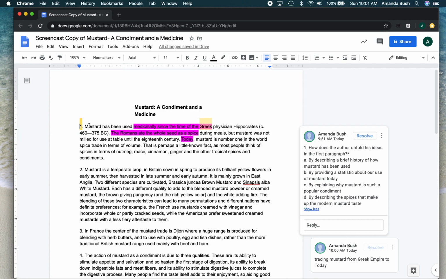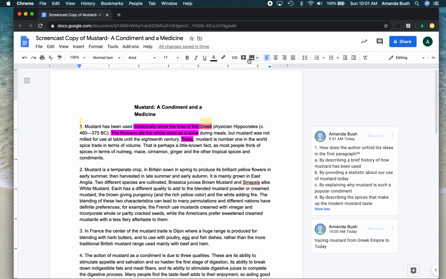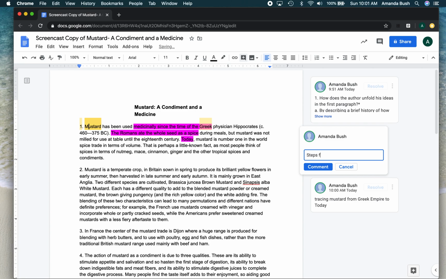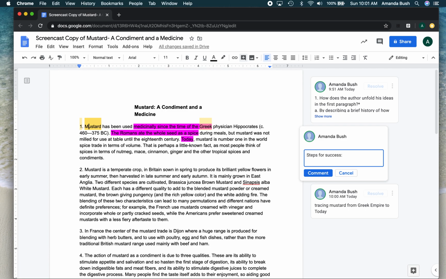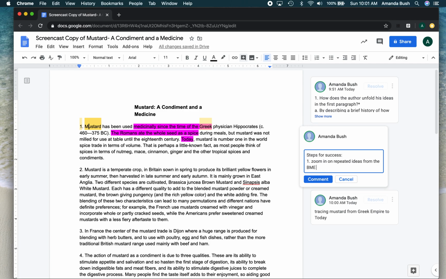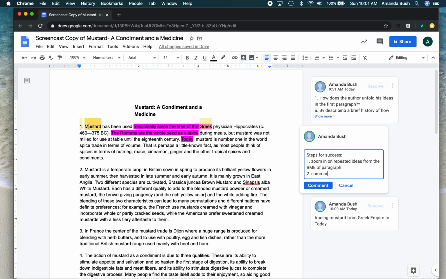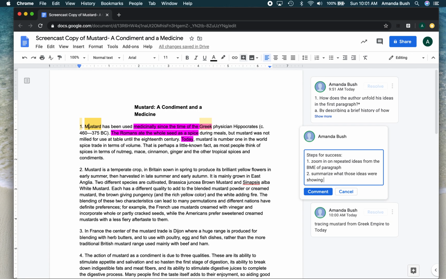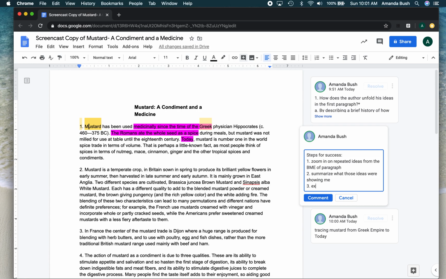The first thing I needed to do: one, zoom in on repeated ideas from the beginning, middle, and end of this paragraph. 2, summarize what those ideas were showing me. And I did 3, explain why this was important.